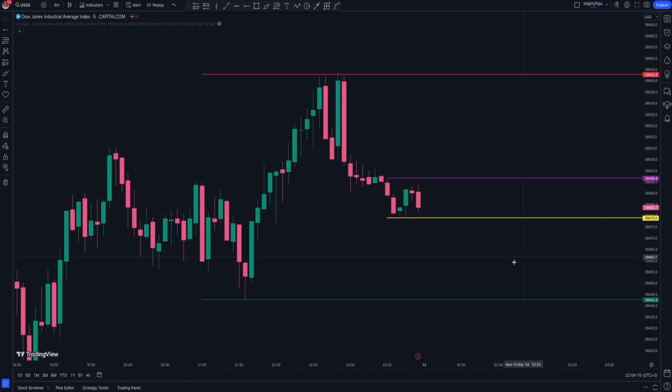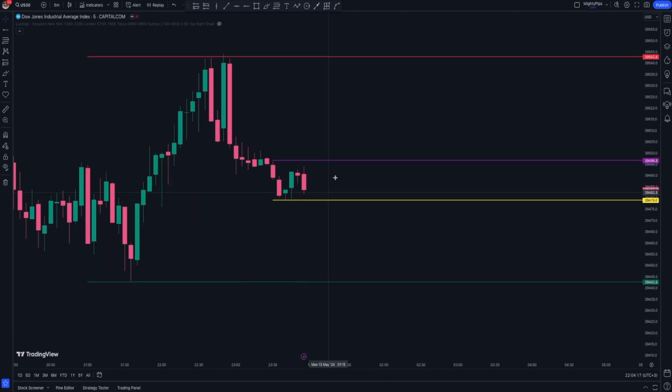On the 5 minutes chart, you are going to wait for price to break above or below the 30 minutes areas of value, which are these two lines. The red line is the 4-hour resistance. The green line is the 4-hour support on the candle. The yellow line is the 30-minute support. And the purple line is the 30 minutes resistance.